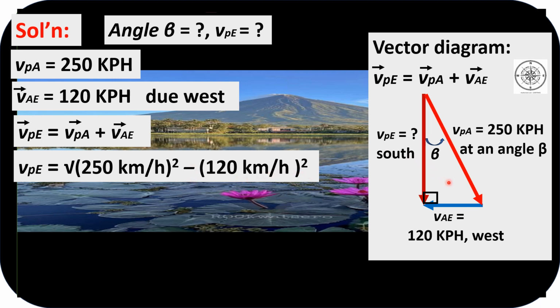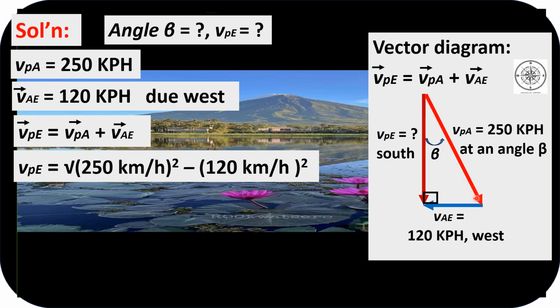the vector arrow representing v sub PA happens to be the hypotenuse, the longest side of the right triangle.